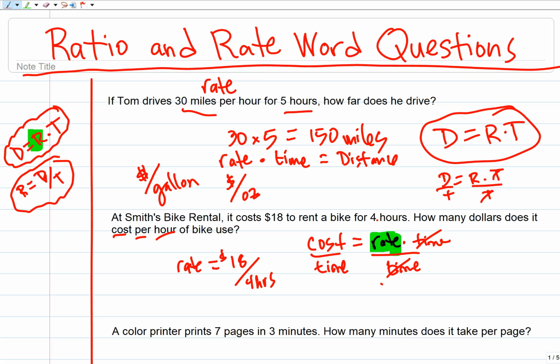This is one where we probably wouldn't want to leave that as a fraction. So we would divide 4 into 18, and the rate would be, what is that, 4.5? And 4.5 what? Dollars per hour.